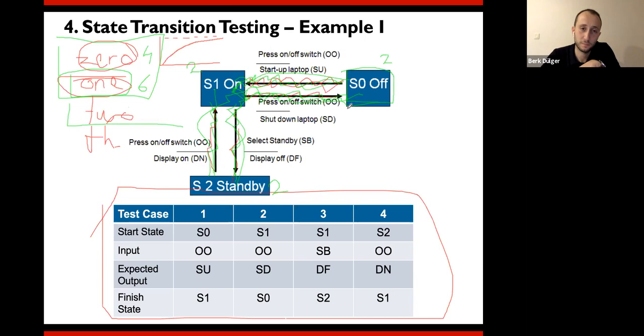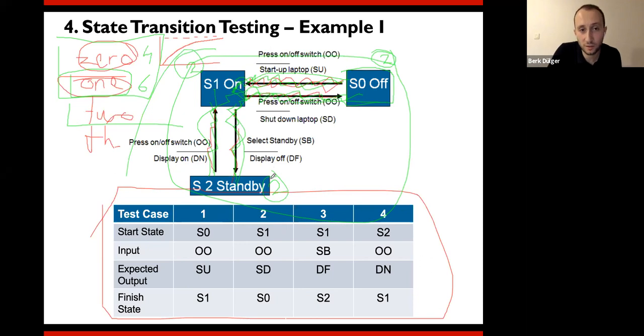Okay, and also this diagram might be different, so the number of test cases may vary. It doesn't need to be the same for each state. Okay.